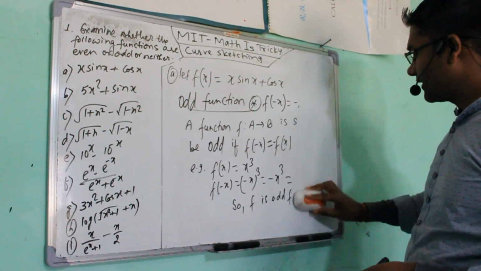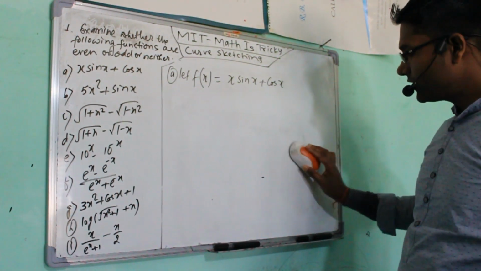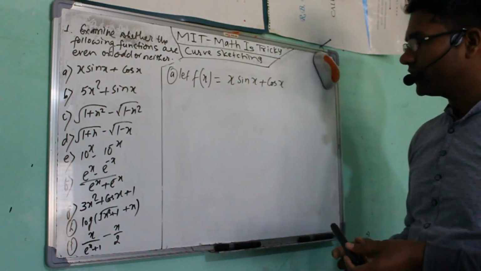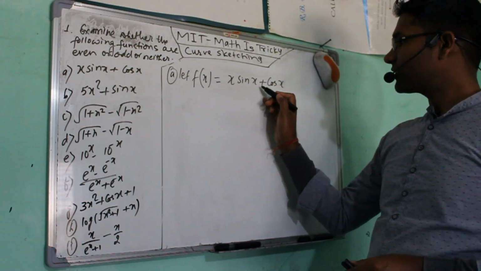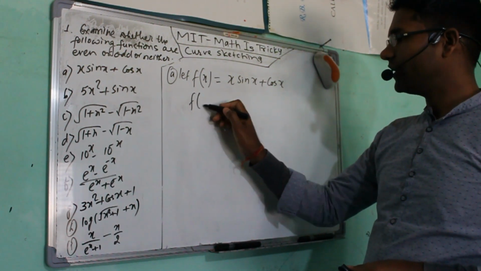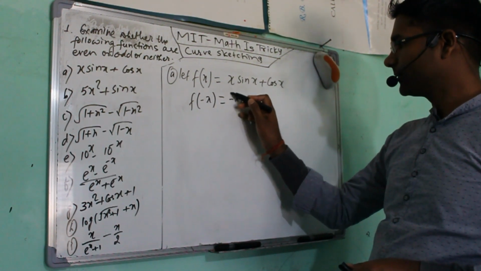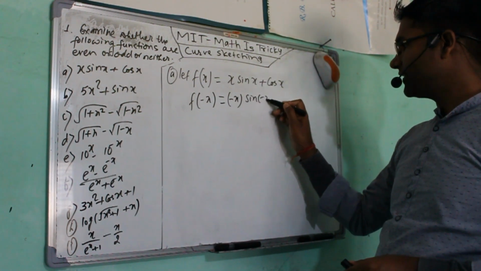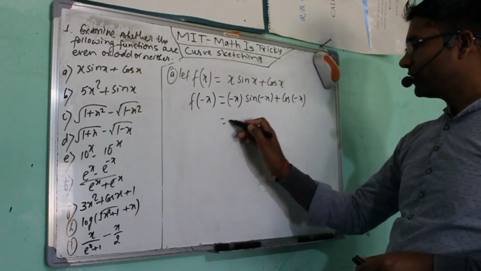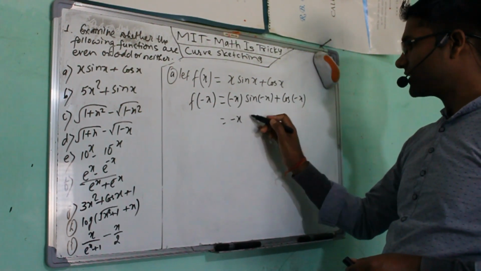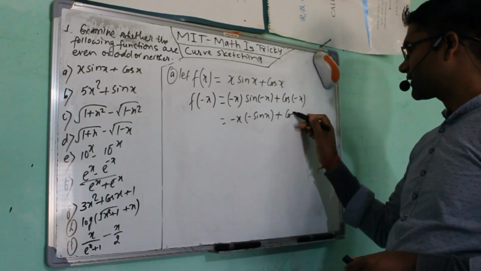Let's see how we are solving the problem. It's very simple and it is very important for curve sketching. The first function given is f of x equals x sin x plus cos x. What will be the value of f of minus x? We simply replace x by minus x: minus x sin of minus x plus cos of minus x. Now sin of minus x is minus sin x, and cos of minus x is cos x.